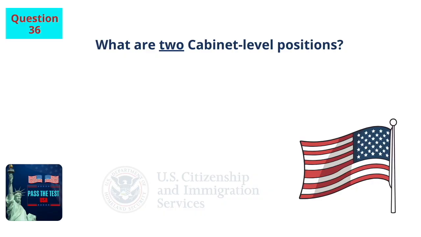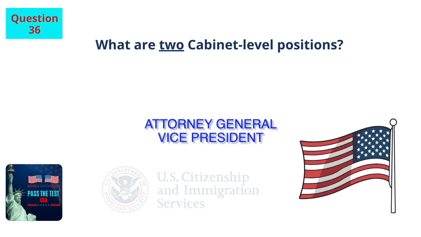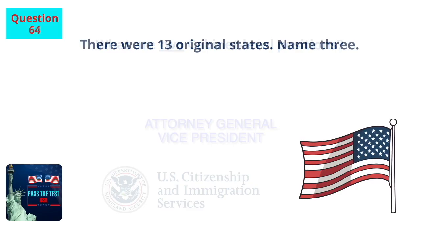What are two cabinet-level positions? Attorney General, Vice President. There were 13 original states. Name 3.